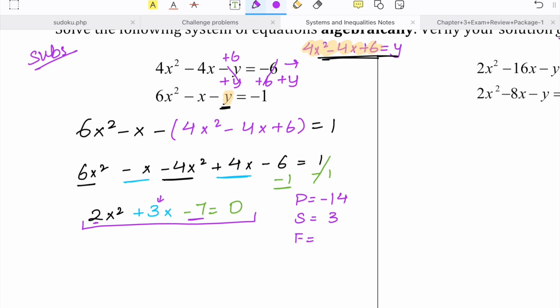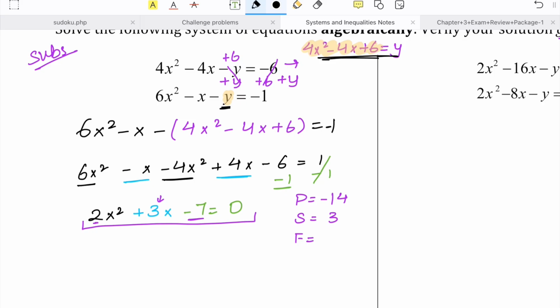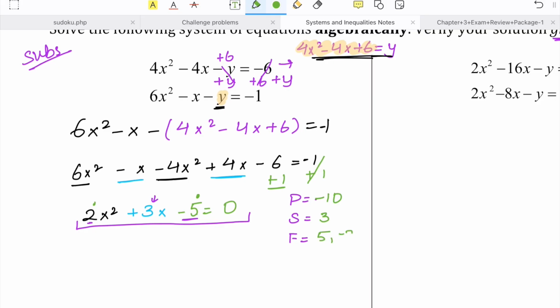Looks good. Oh, I just forgot this negative one here. So that means this would just be positive 1. Minus 6 plus 1 will be minus 5. That means my product will be 2 times negative 5, which is negative 10. My sum will still be 3. And the factors for that will be 5, comma, negative 2.